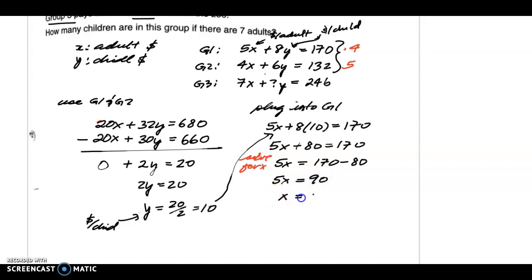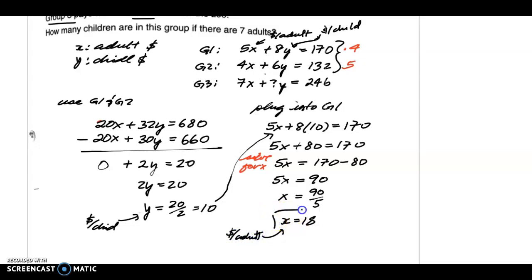And then for x, divide both sides by 5. Just checking my calculator here. 90 divided by 5 is 18. So that's going to give me 18. And guess what? This is dollars per adult.